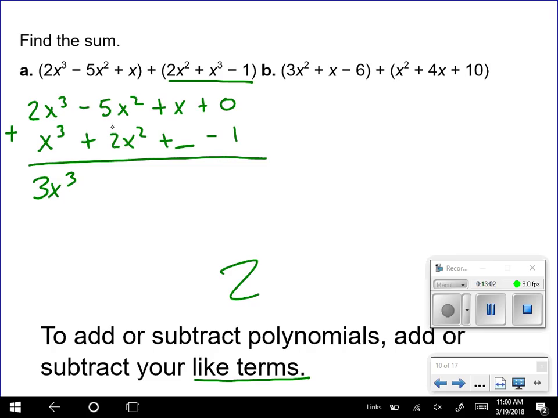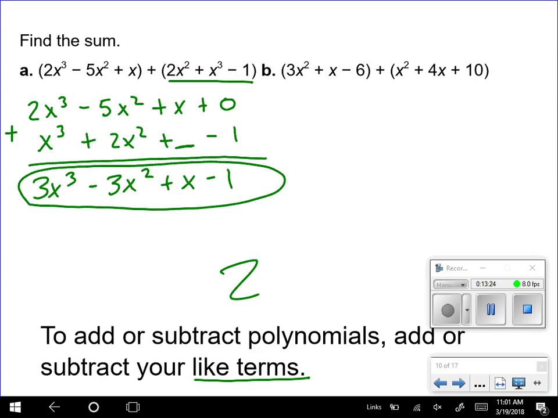Still just looking at those coefficients, nothing changes with my x's. So I'm going to have a -3x to the 2nd. Well, I have x plus 0, so plus x, and then 0 plus -1, which would be -1. And that's as simple as it is. That would be your answer. This is as simple as it gets. You can't combine anything else because they're not like terms.